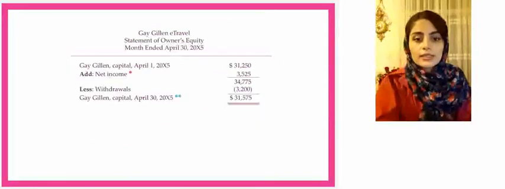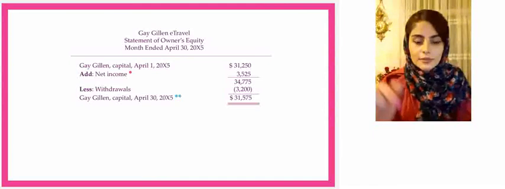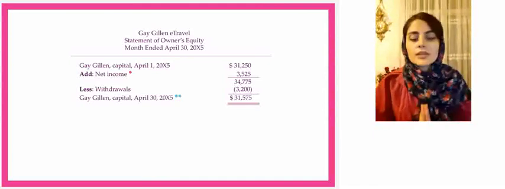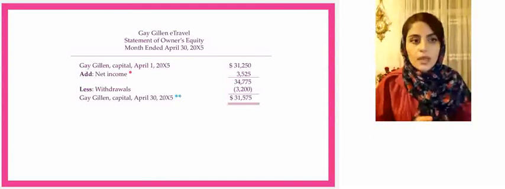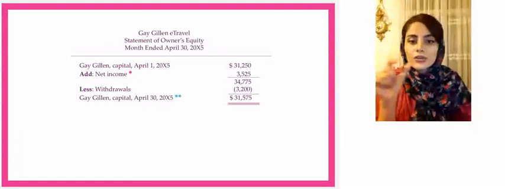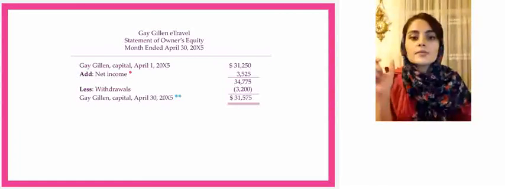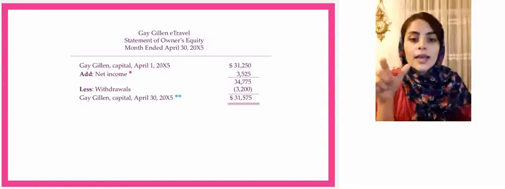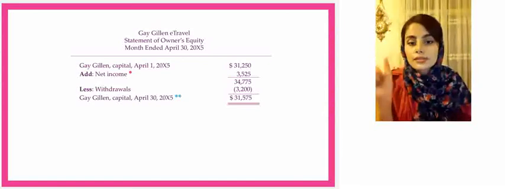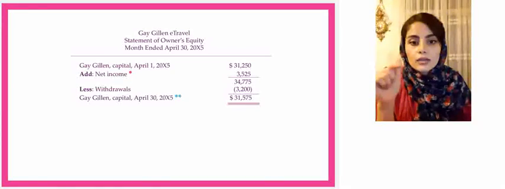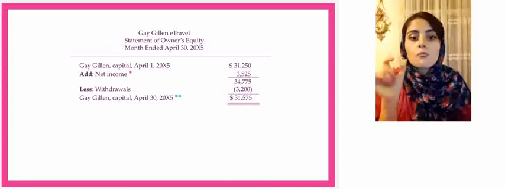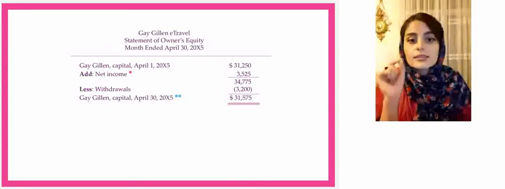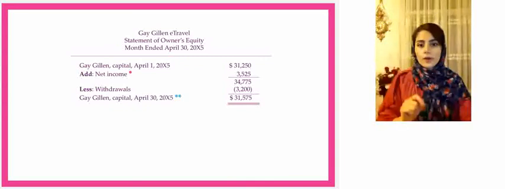As you can see on the next slide, which is statements of owner's equity. As we said, the first line is the name of the company, then the name of the statement which we are preparing, and then the period or the date, which for preparing the statement of owner's equity is month ended April 30, 2005.